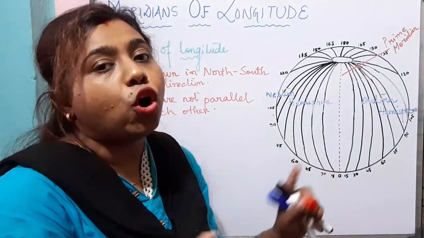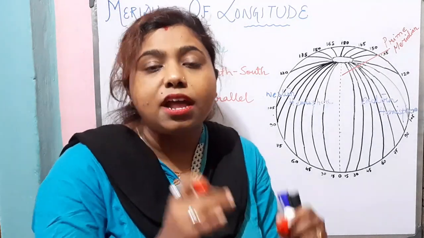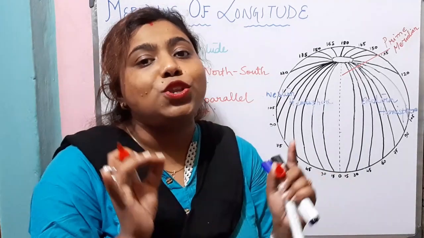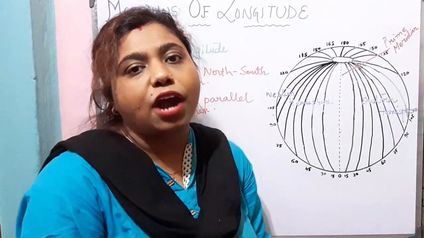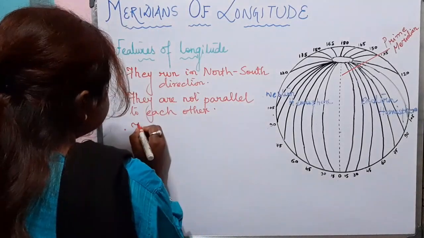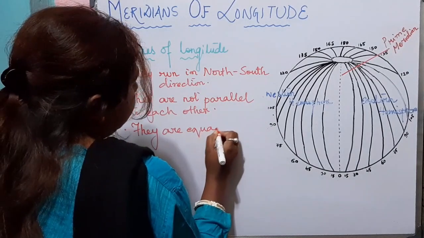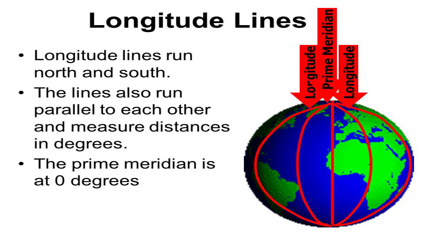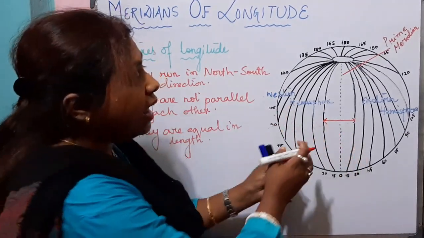There is no longest longitude. Like we have learned that equator is the longest latitude, but here in longitude there is no longest longitude because all the longitudes are of equal length. So we can say that they are equal in length.